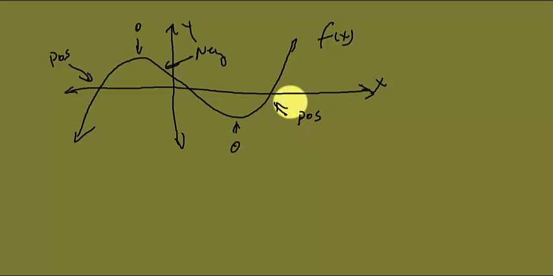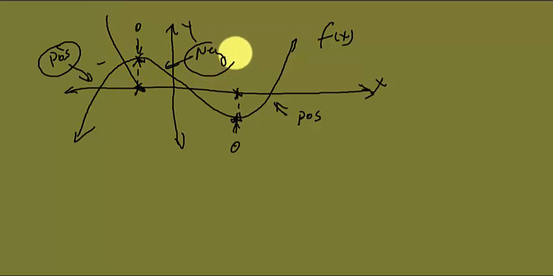I want to graph the derivative curve. Wherever there's a flat spot, that's where the slope is 0, which means my derivative will cross the x-axis here and will cross the x-axis there. The slope here is positive, that means my derivative is above the x-axis. I'm just sketching the graph.